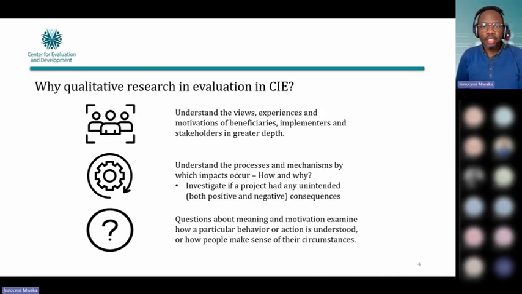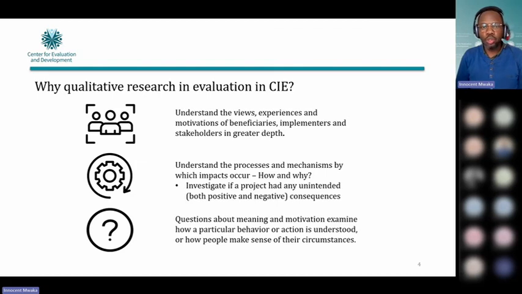And also in many cases, as we do our qualitative investigations, we come across unintended consequences or outcomes, and these sometimes are positive, sometimes negative. And then, of course, we want to answer questions about meanings, motivations, and examine how particular behavior and action have been understood and how people make sense of their circumstances.